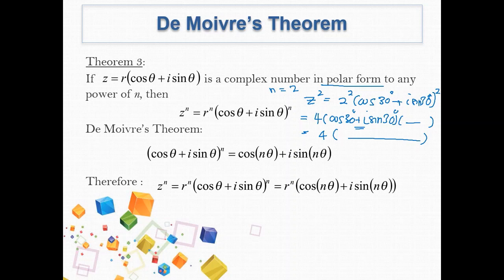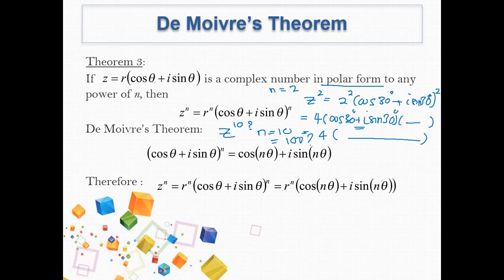All right, but can you imagine if your z is to the power of 10, which means your n is 10? What if your n is 100? Are you willing to multiply it 10 times?